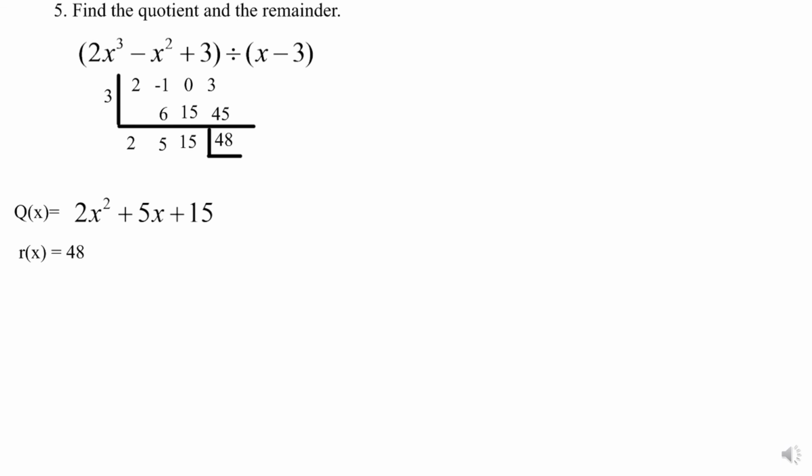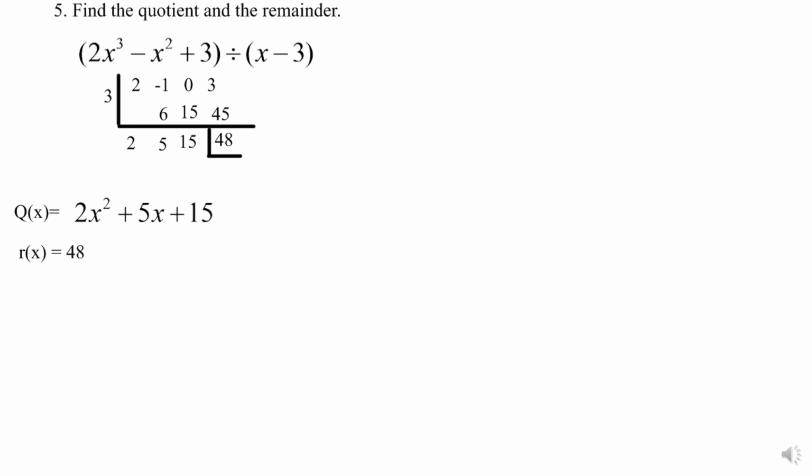Notice we use a 0 since there is no x term in the dividend. The 2 drops down. You multiply 2 times 3. The answer is 6. This goes inside the box under -1. You add and get 5.